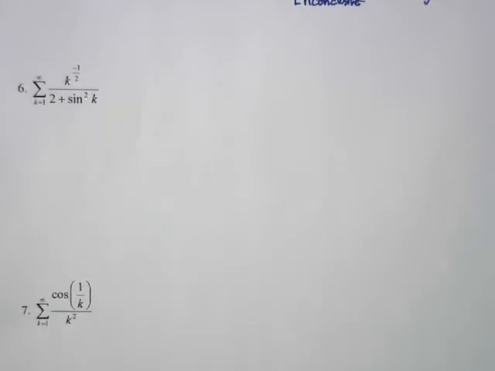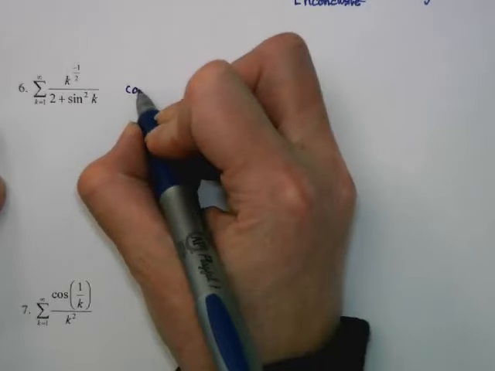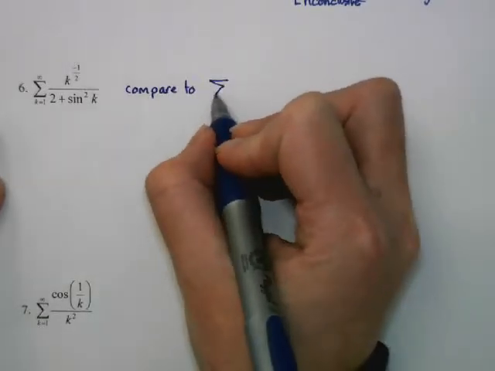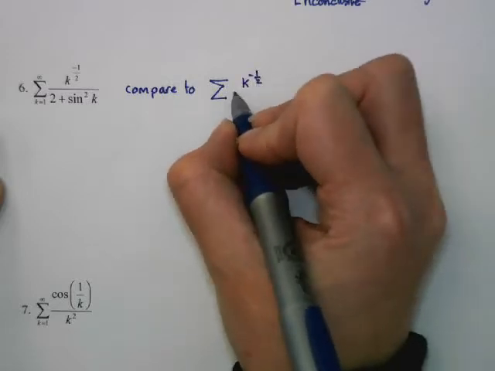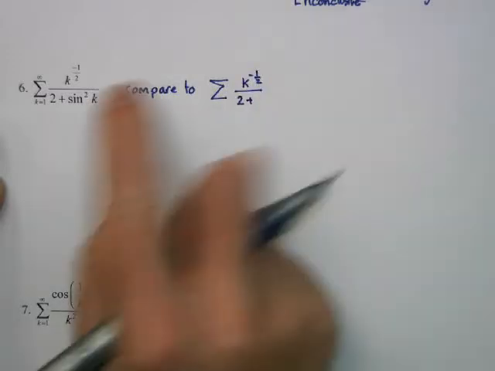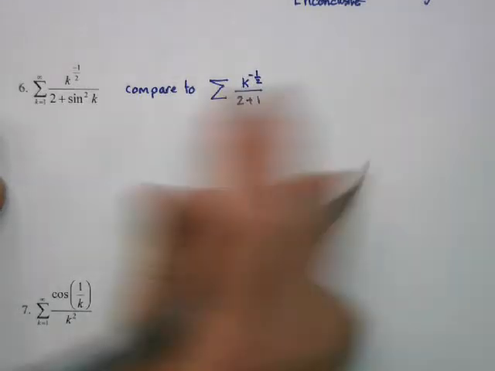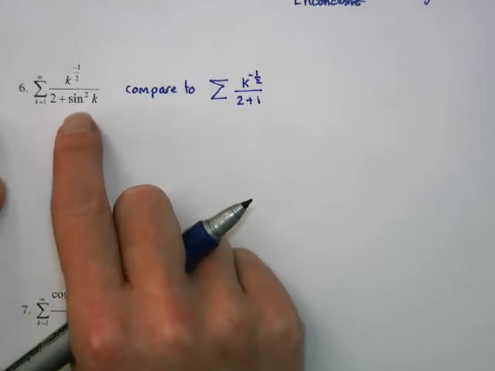All right, so we have a very interesting series here. I'm going to compare this to the series where I leave the k to the negative 1/2 over 2 plus, and I'm going to replace the sine squared with a 1, because sine is always between negative 1 and 1, so sine squared is always going to be between 0 and 1.